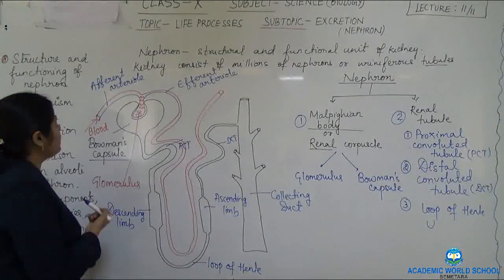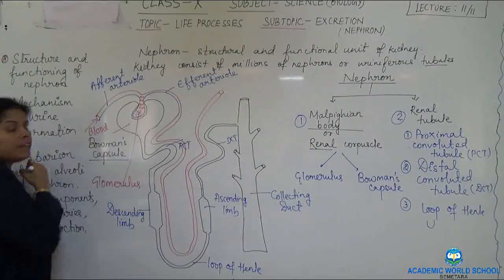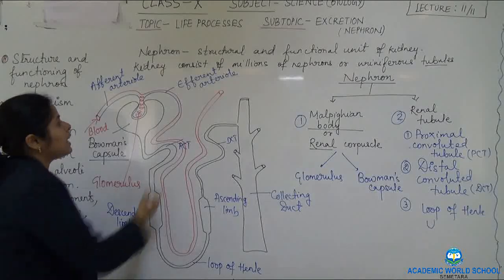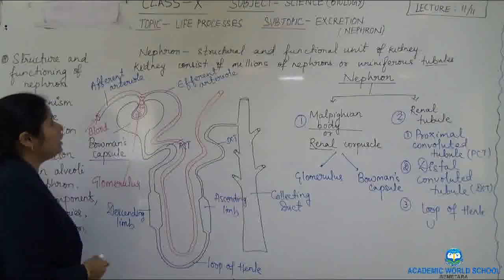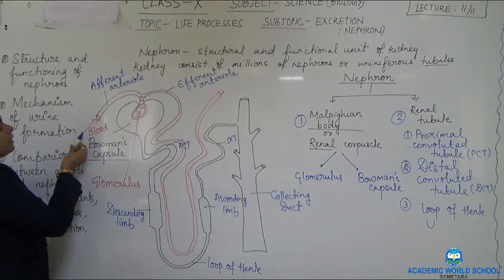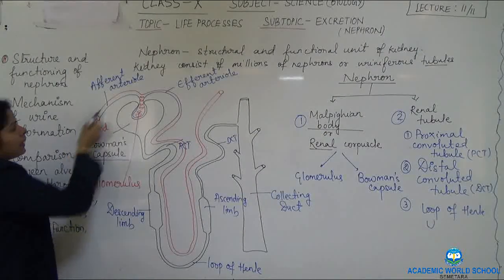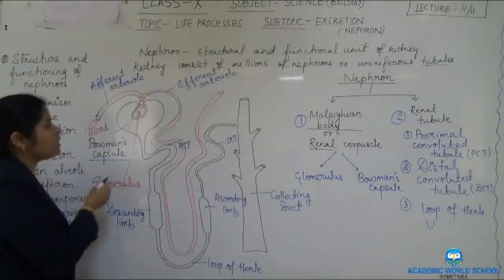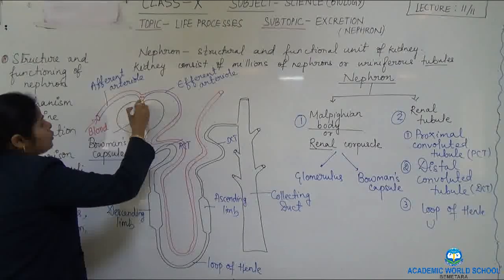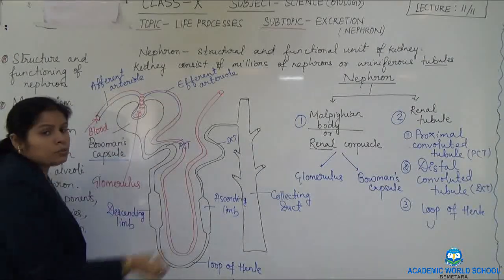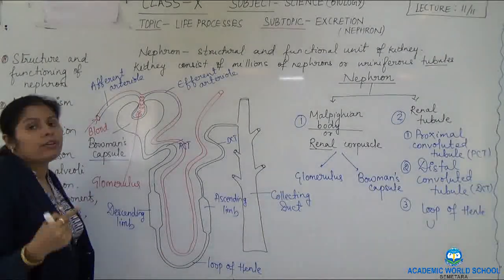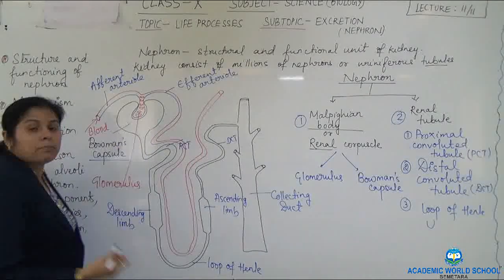What we need to understand is that the diameter of the afferent arteriole is more than the diameter of the efferent arteriole. So what will happen when the blood enters from the afferent arteriole, which has a larger diameter, passes through these capillaries and enters an arteriole with a narrow diameter? It will create pressure here.